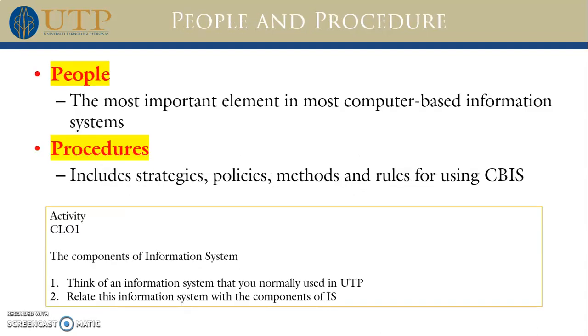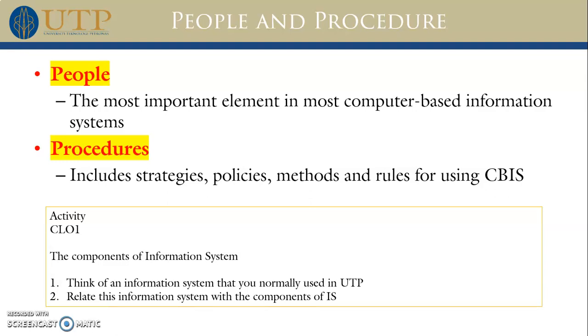The fifth and sixth components are people and procedure. People in the context of information systems refers to the users who use the system and get value from that system. In the train online ticketing example, the users who book tickets online, and the KTM staff who access reports from the system, fall under this component.